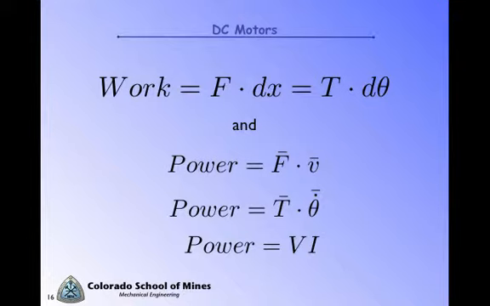You also remember, I think, that power is the time rate of change of work, or time rate of change of energy. Remember that the change in energy is equal to the work done. So we can write power as force times velocity. We can also write power as torque times angular velocity.